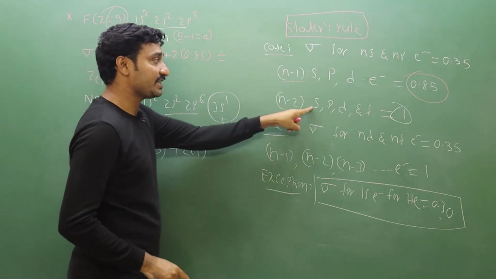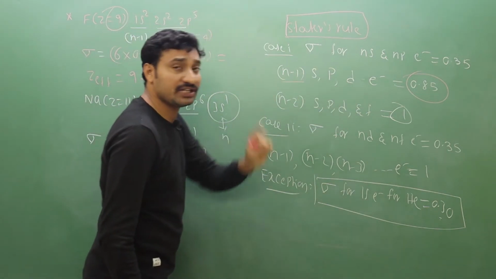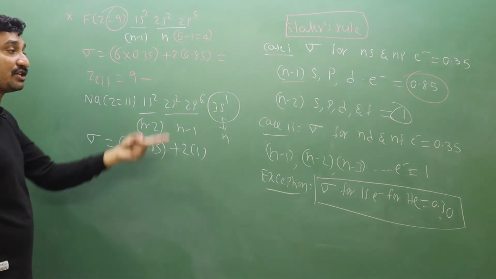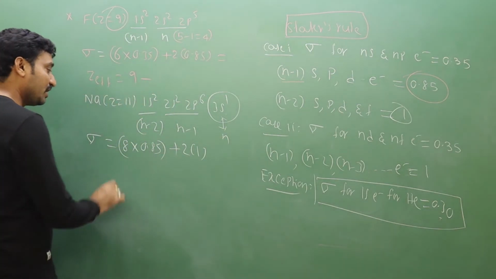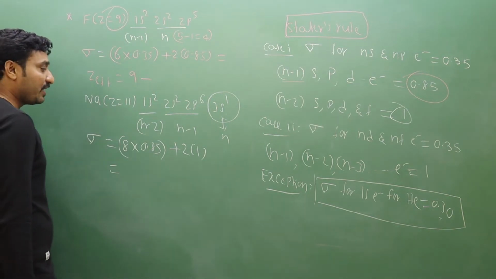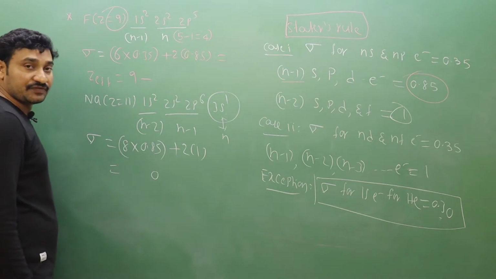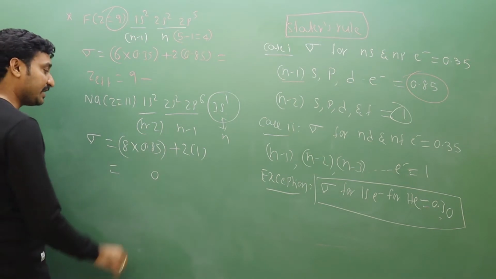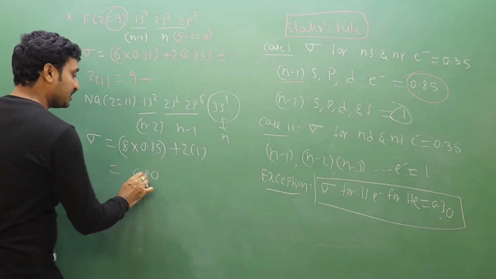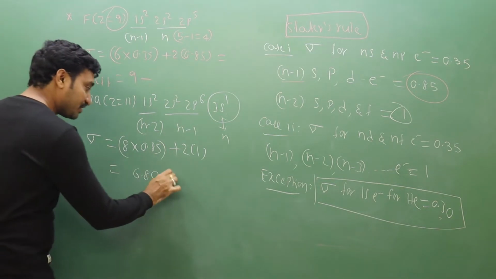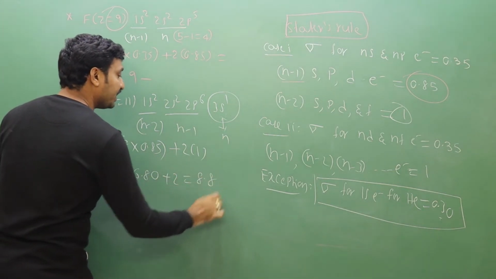So 2 into 1 plus 8 into 0.85, which is 6.8, plus 2, that is equal to 8.8.